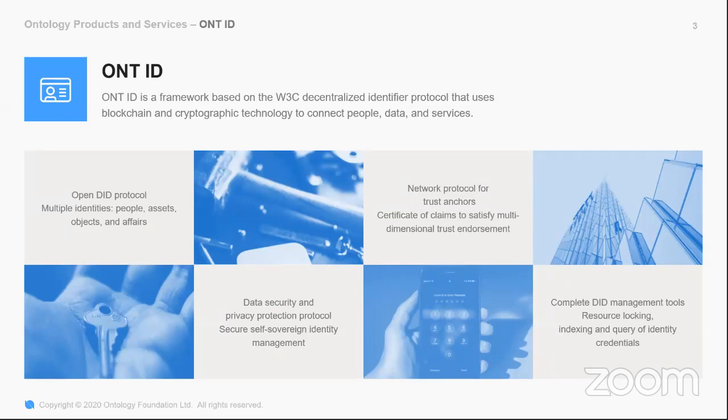Actually, Ont Id is a framework based on the World Wide Web Consortium, abbreviated W3C, Decentralized Identifier protocol, that uses blockchain and cryptographic technology to connect people, data, and services. The key concept of the Decentralized Identifier protocol is to provide a scenario of disintermediation between different users and their customers.